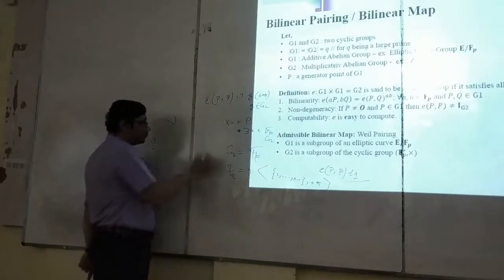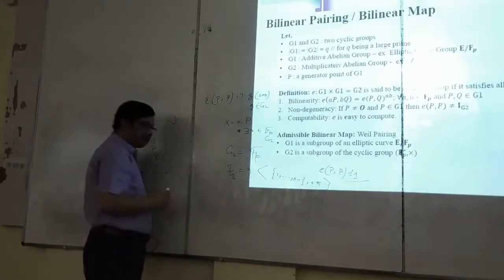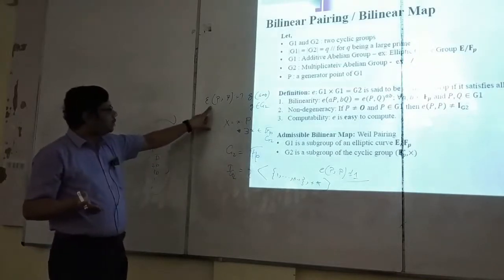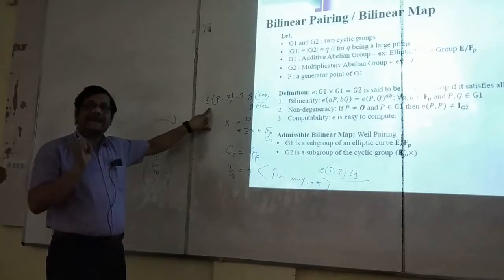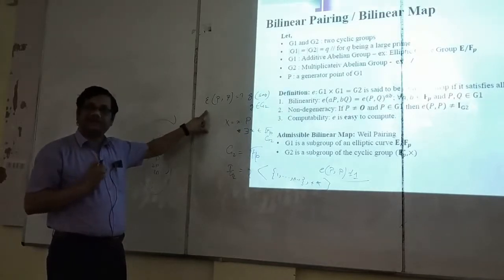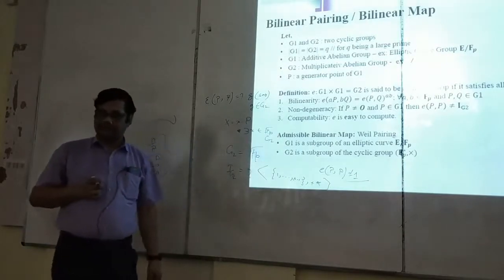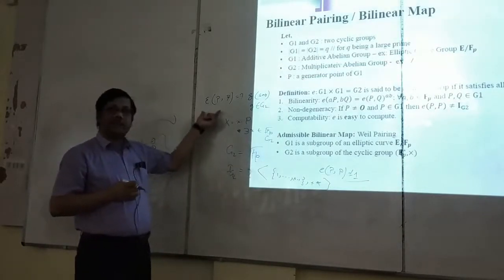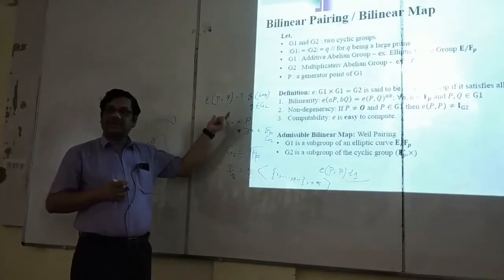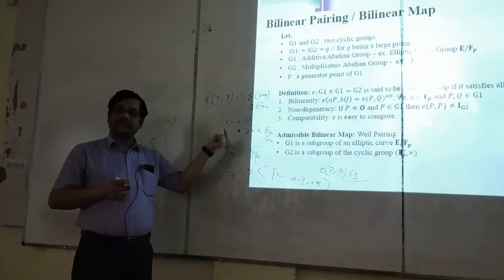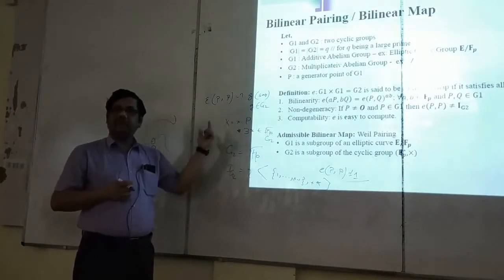Now, step by step we have proved this thing. So, what would be the set of outputs of E? We are checking whether this bilinear mapping function can generate all the elements in G2 or not. By using this function E, can we generate all the elements of G2 or not, that we are checking. Now, we can give any two inputs to this function.